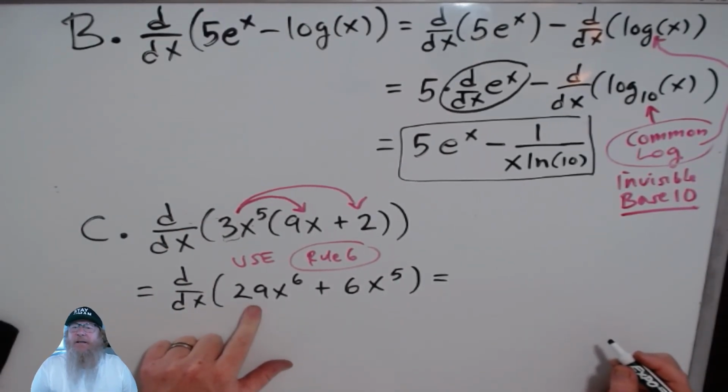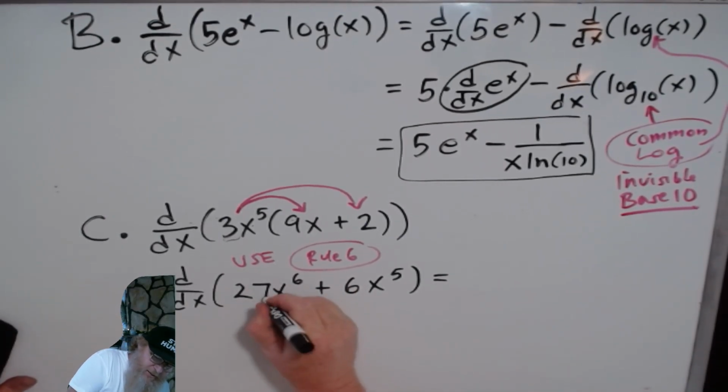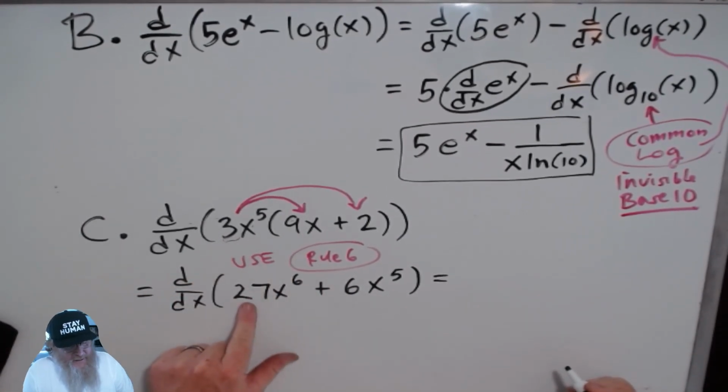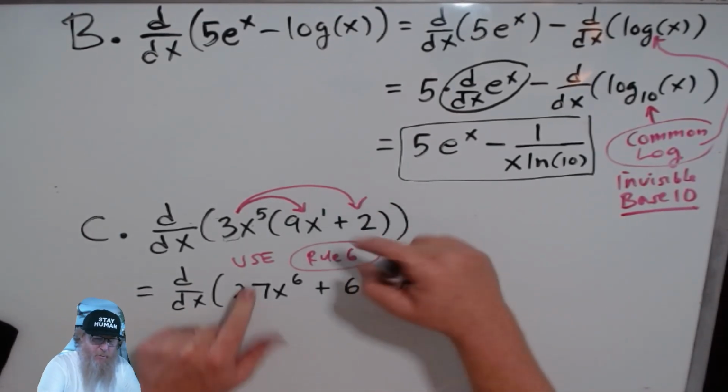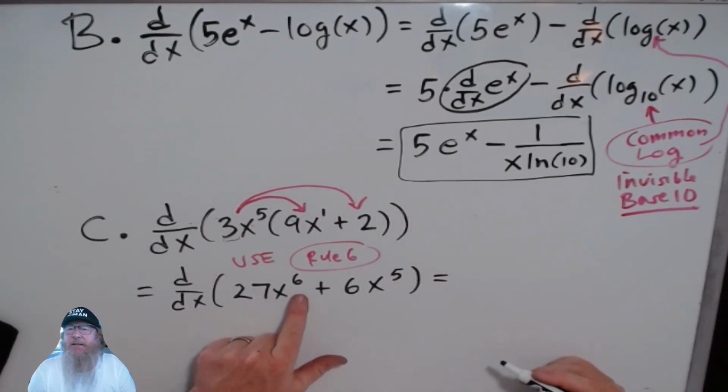So the derivative of 20, not 29, I wrote that wrong, it's 27. 3 times 9 is 27. Remember, there's an invisible 1 here. So when you distribute, that becomes 6.